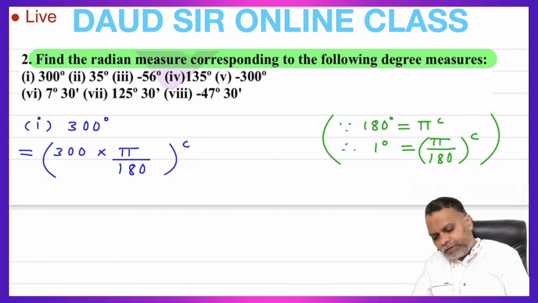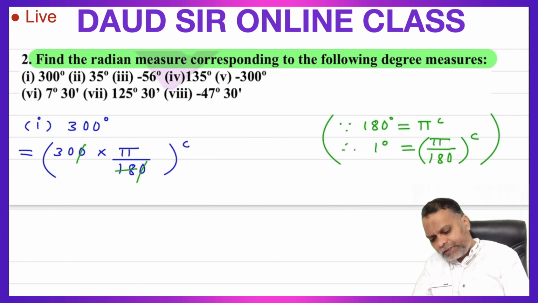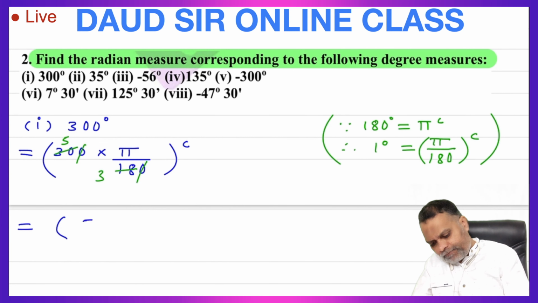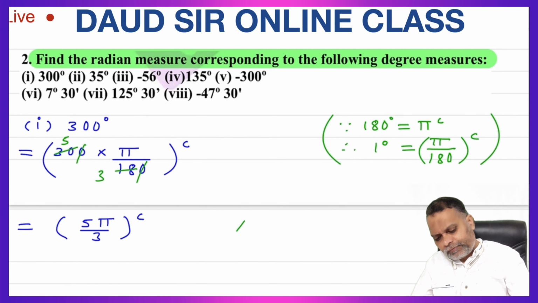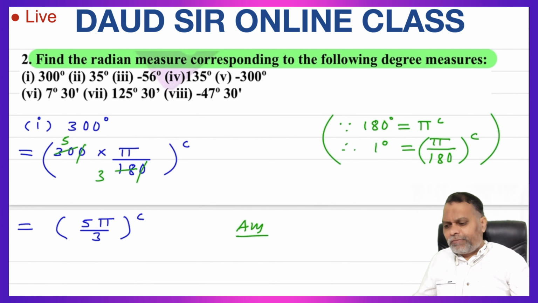Simplify this: 0 0 cancelled and cancelled by 6, 6 3s are 18 and 6 5s are 30, which is equal to 5 pi upon 3 radian. This is the required radian measure, 5 pi by 3 radian.